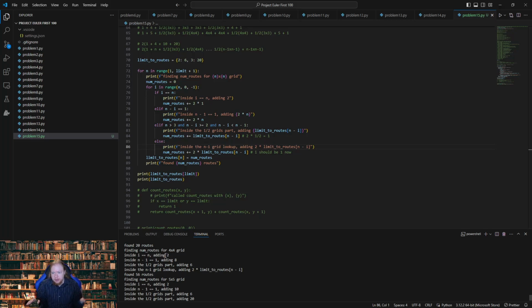Probably should have just put the limit at 4. Let's say, so 2, 8, oh. Okay. So we should be looking up a 3, and instead we are looking up 2. Oh, I've got to add my little curly braces if I want this to do the maths for me.